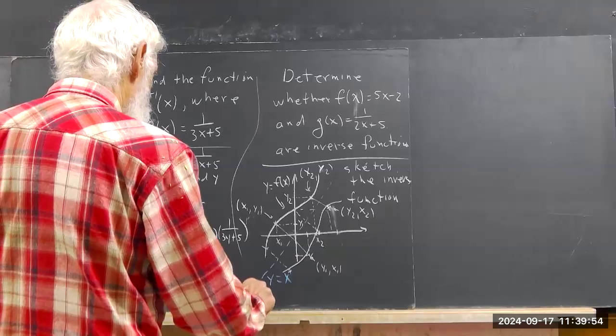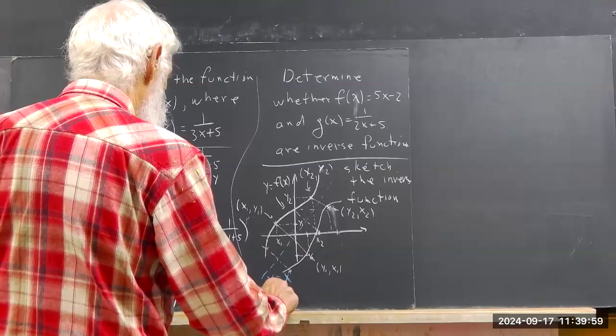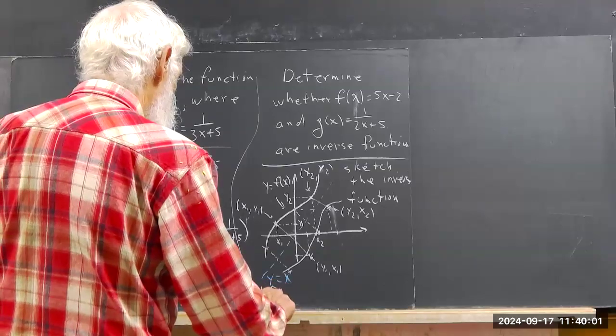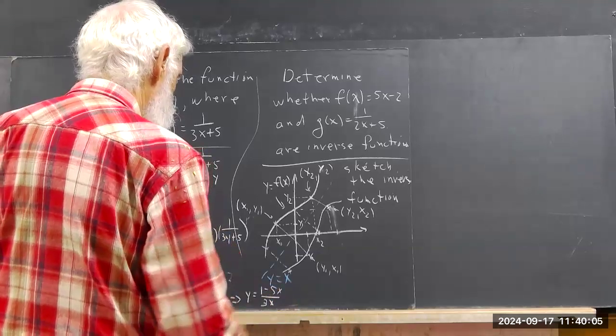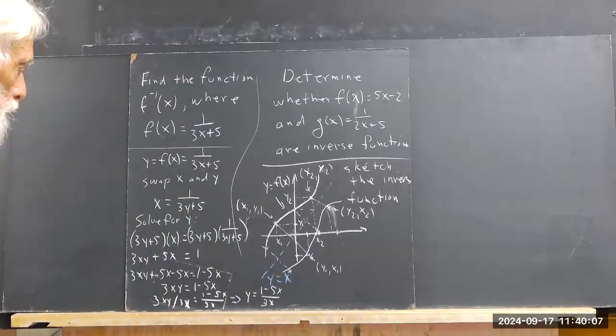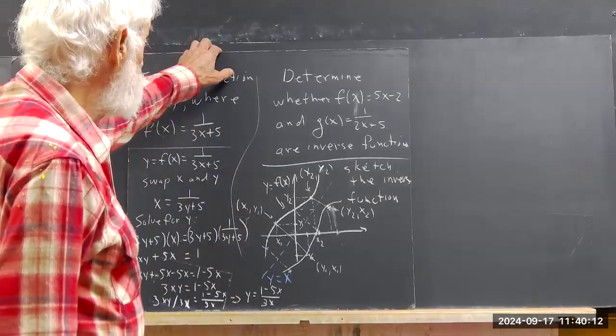And we finally get y equals 1 minus 5x over 3x. Now, if I've done this right, this is going to be our inverse function.